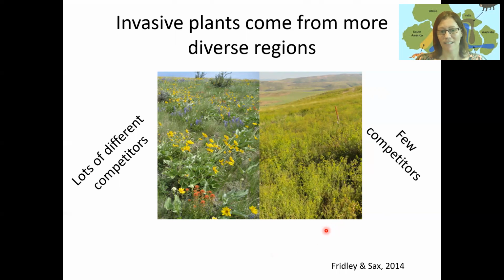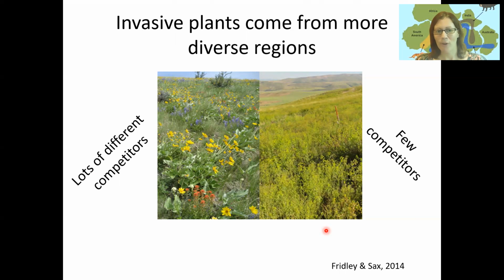Conversely, if you evolved in a system where there were very few competitors, only a couple of species that you had to compete with, then maybe you're kind of a less evolved species, a less fit species, because you didn't have that strong force of natural selection to push you to be better at competing.